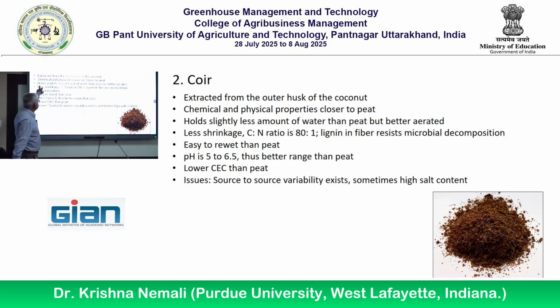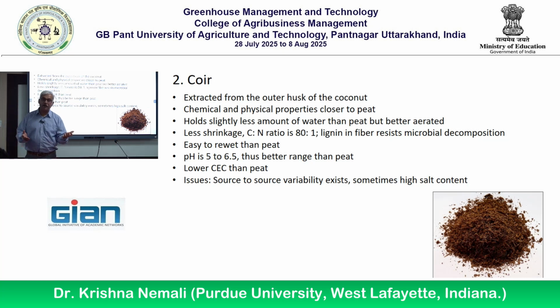It is extracted from the outer husk, the mesocarp of the coconut, but it is not the fine fibers. Those fine fibers are used to make mats or some decorative material. Whatever is left over after that is used in coir preparation. The advantage of a high carbon nitrogen ratio is less shrinkage, right?